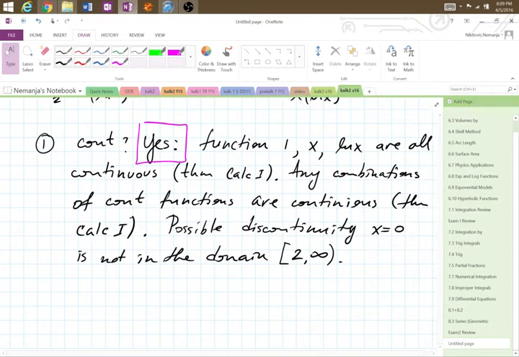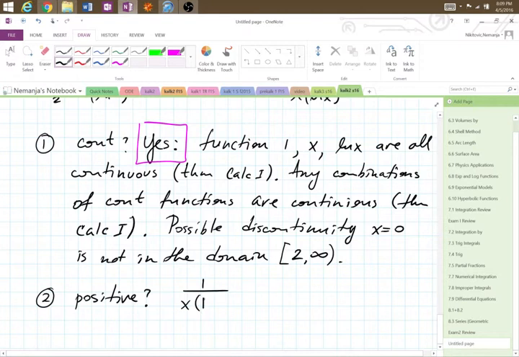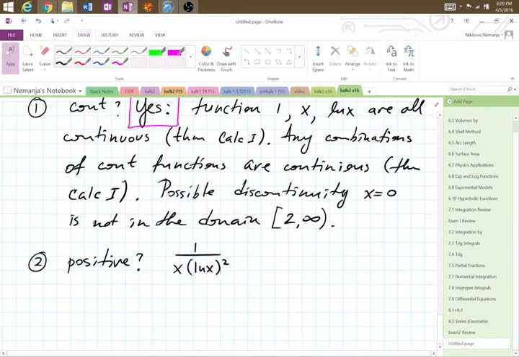Number 2, is it positive? Is it at all times positive? Remember what you have: 1 divided by x times (ln x) squared. Well, 1 is always positive because it's number 1. X will always be positive because your domain is 2 to infinity.